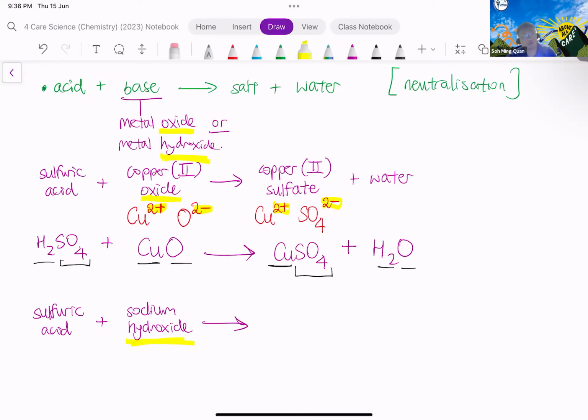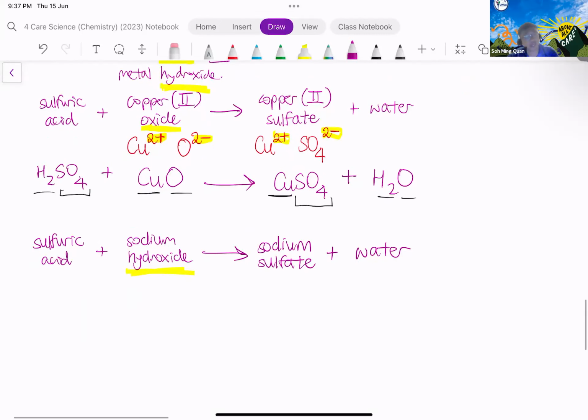But what is the salt? Again, the salt's name starts with the metal. The metallic element in this second case is sodium. Sulfuric acid forms sulfate. So the salt is sodium sulfate plus water. Okay? Then again, you got to be careful. Sulfuric acid is H2SO4.